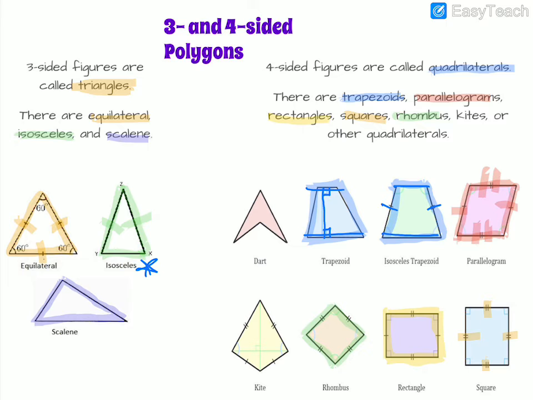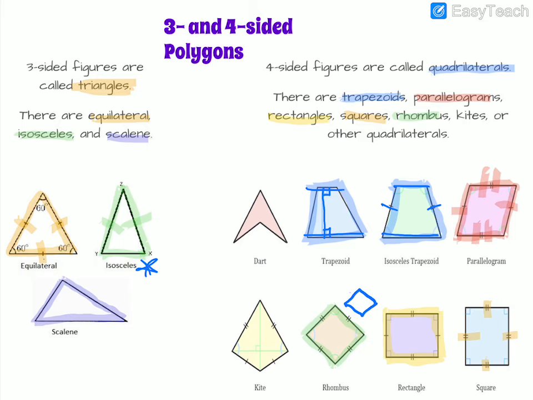Sometimes they're more squashed, like that, more of a diamond shape. That's really bad. Well, you get the idea. Sometimes they're more squashed, sometimes they're square. They're both rhombuses as long as all sides are the same length.